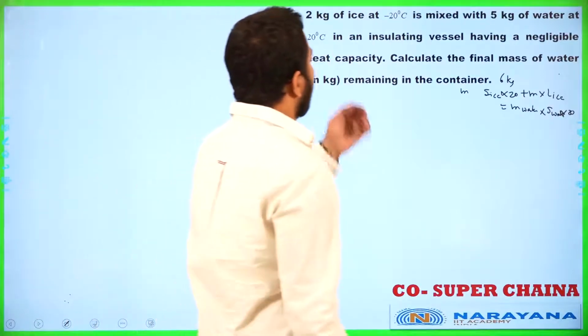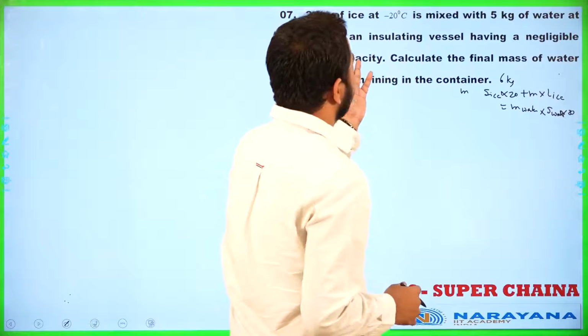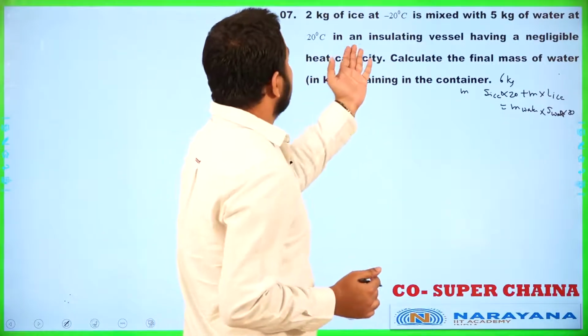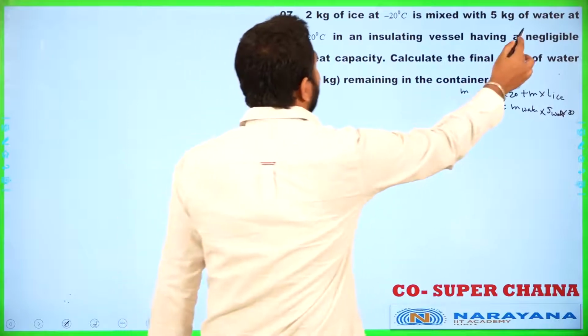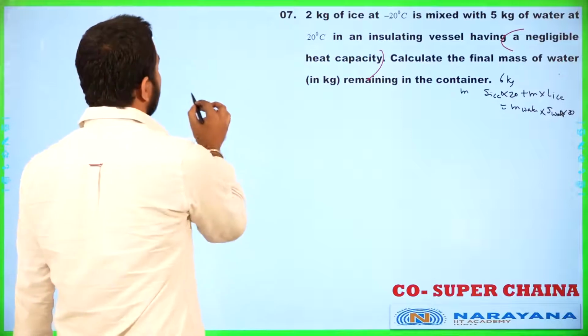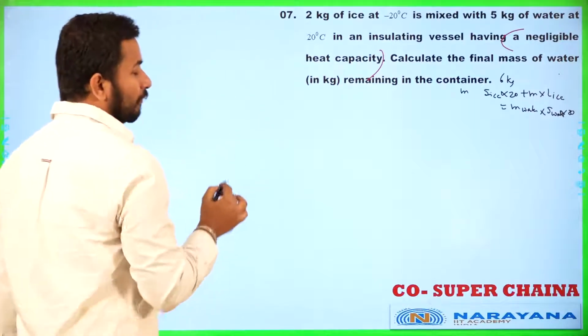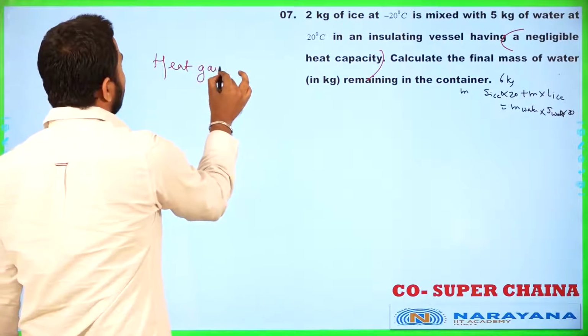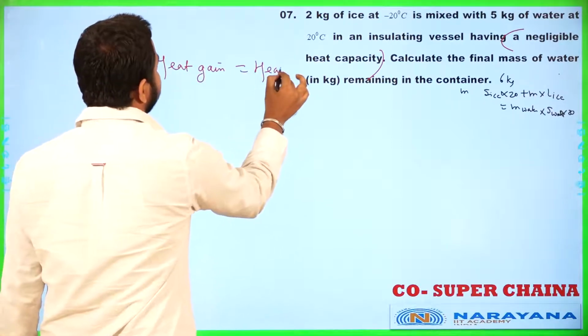Here 2 kg of ice at minus 20 degrees Celsius is mixed with 5 kg of water in an insulating vessel. You have to neglect the heat capacity of the vessel. Here it is mentioned that you have to neglect the heat capacity of the vessel. So we know that by principle of calorimetry, heat gain is equal to heat loss.